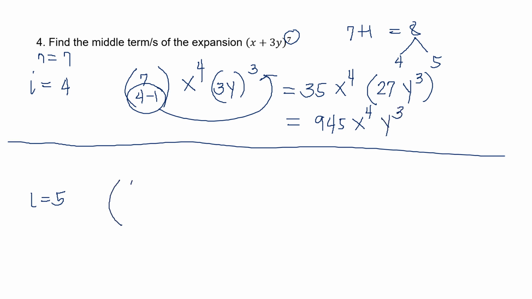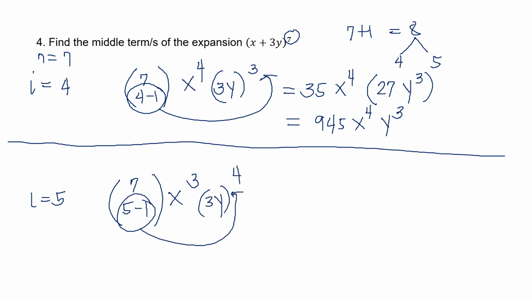The fifth term is equal to 7 taken 5 minus 1, x raised to 3, because this will now give us a 4 as the exponent of 3y. Okay, and when you add 3 and 4 will give you 7. 7 taken 4 is equal to 35, so times x raised to 3 times 3 raised to 4. 3 raised to 4 is equal to 81.